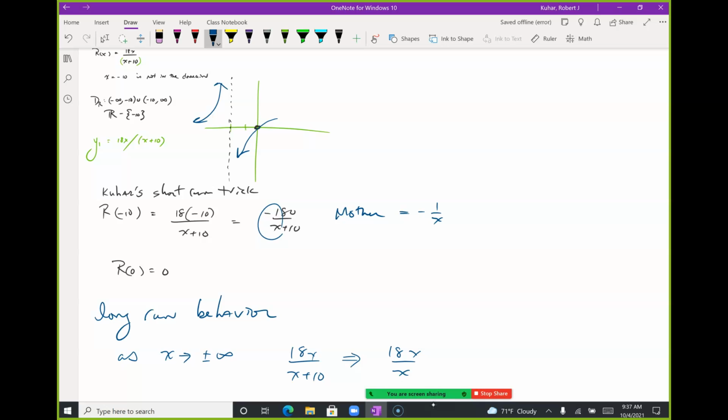If x is $1 million or $1 billion or a godzillion dollars, do I care about finding a $10 bill downstairs there? No, probably blowing my nose with it. Probably using 50s or hundreds. So in the long run, x plus 10 becomes its mother, it becomes x. And so this becomes 18, and there's a horizontal asymptote at 18.